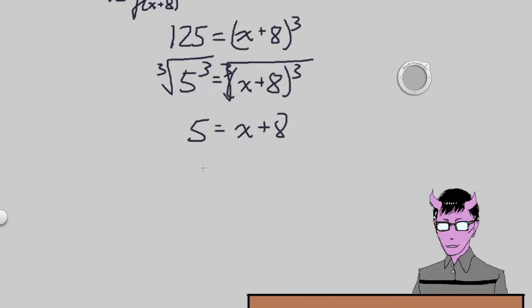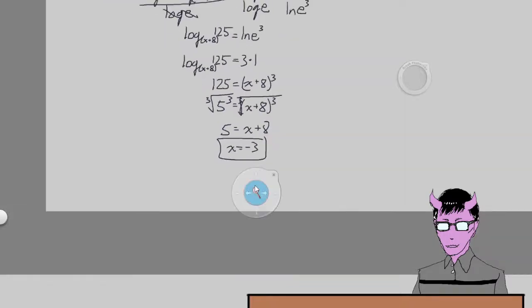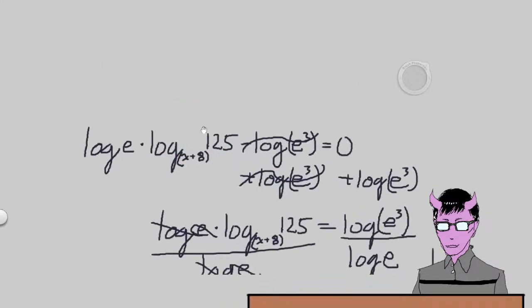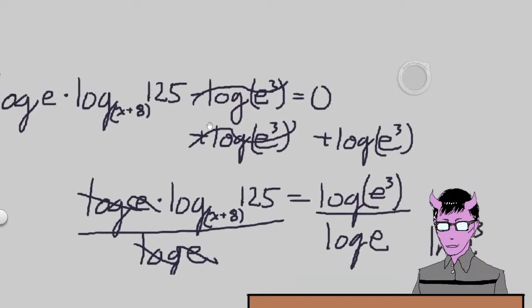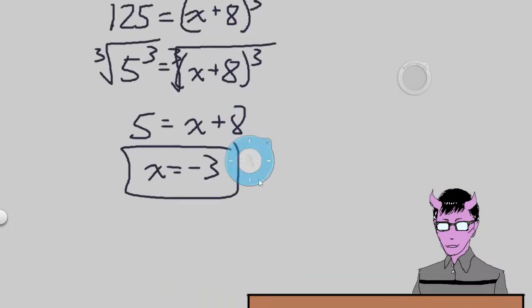And then we subtract 8 from both sides, so x is equal to negative 3. Final answer, but make sure you check for extraneous. If we plug in negative 3 into there, that becomes positive 5 as a base. That is okay. And I think there are no other x inputs. Yeah, that's it. So this is a good answer.